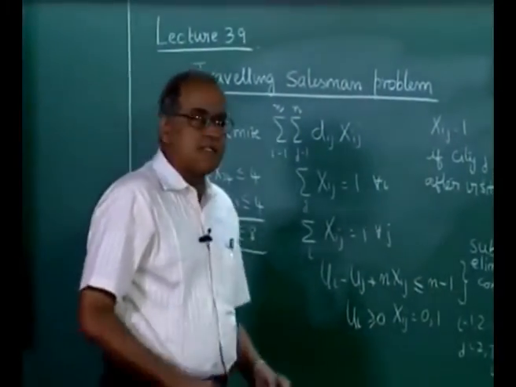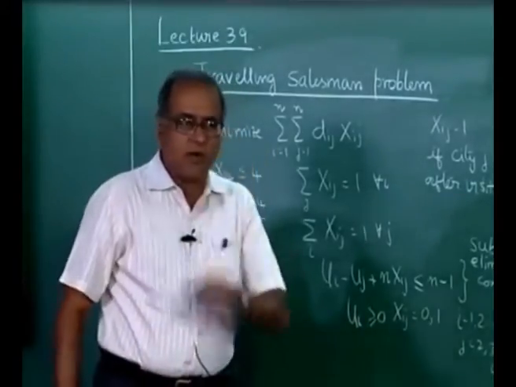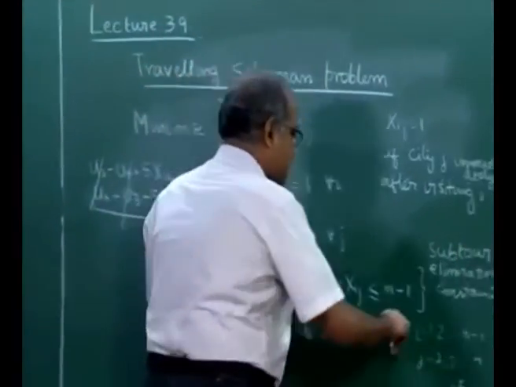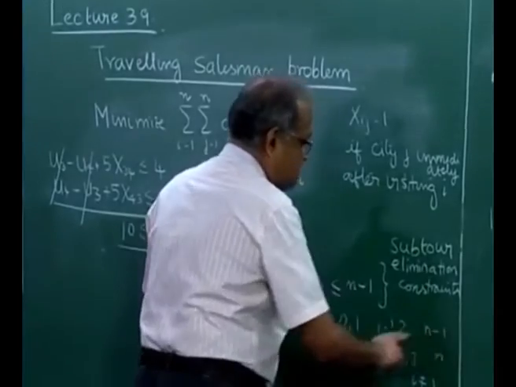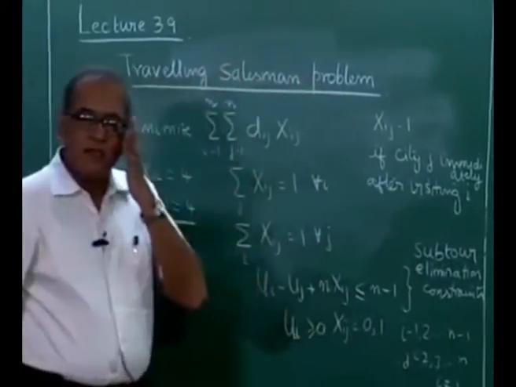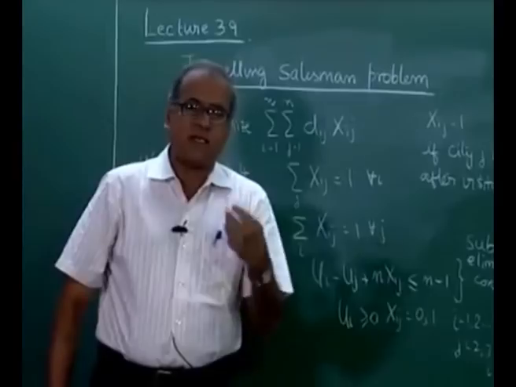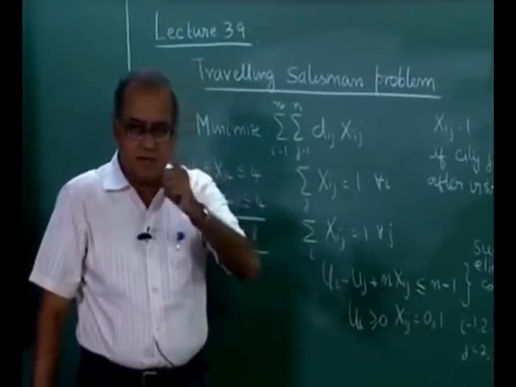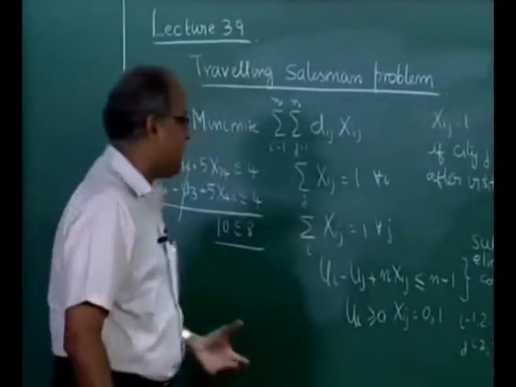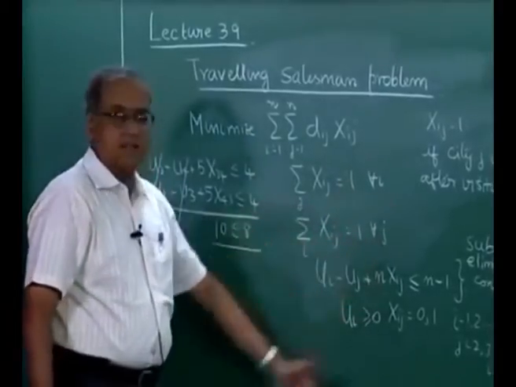Now, if there are subtours that involve city 1, the reason 1 is important is because of this: i equal to 1 to 2 to n minus 1, j 2 to 3 to something. So, if there is a subtour involving city 1, then one will get a feeling that it will not be eliminated by this.